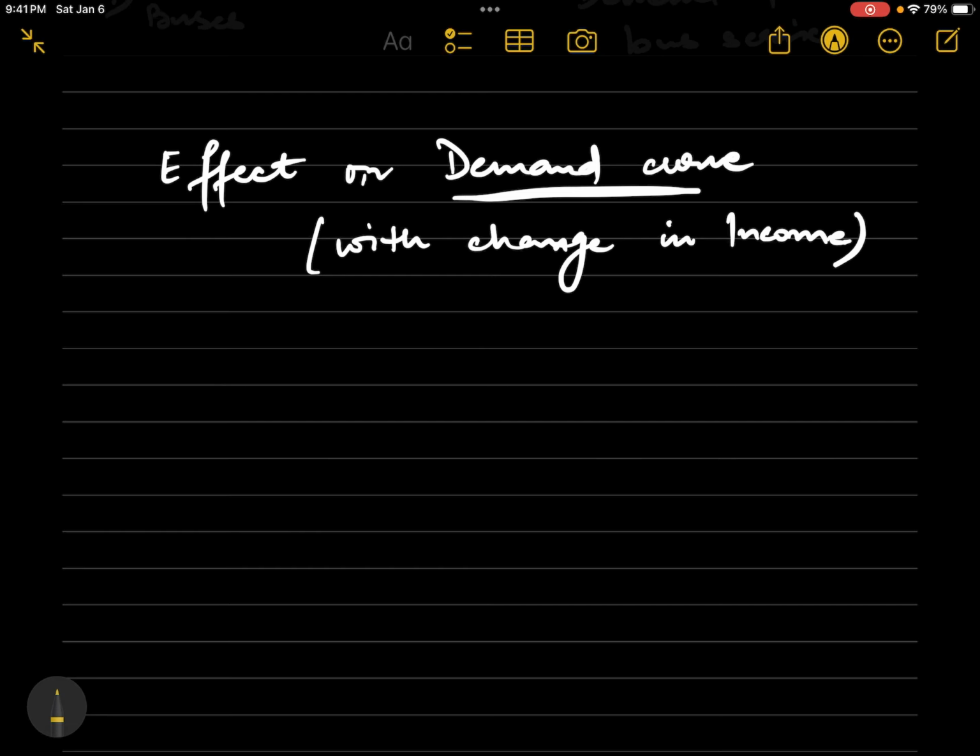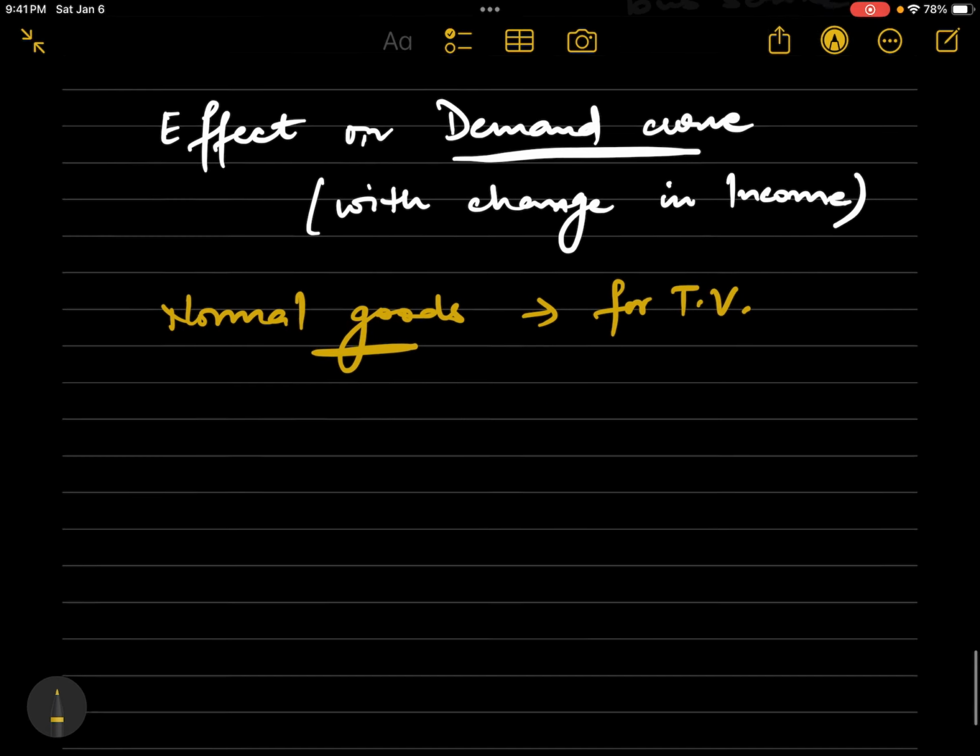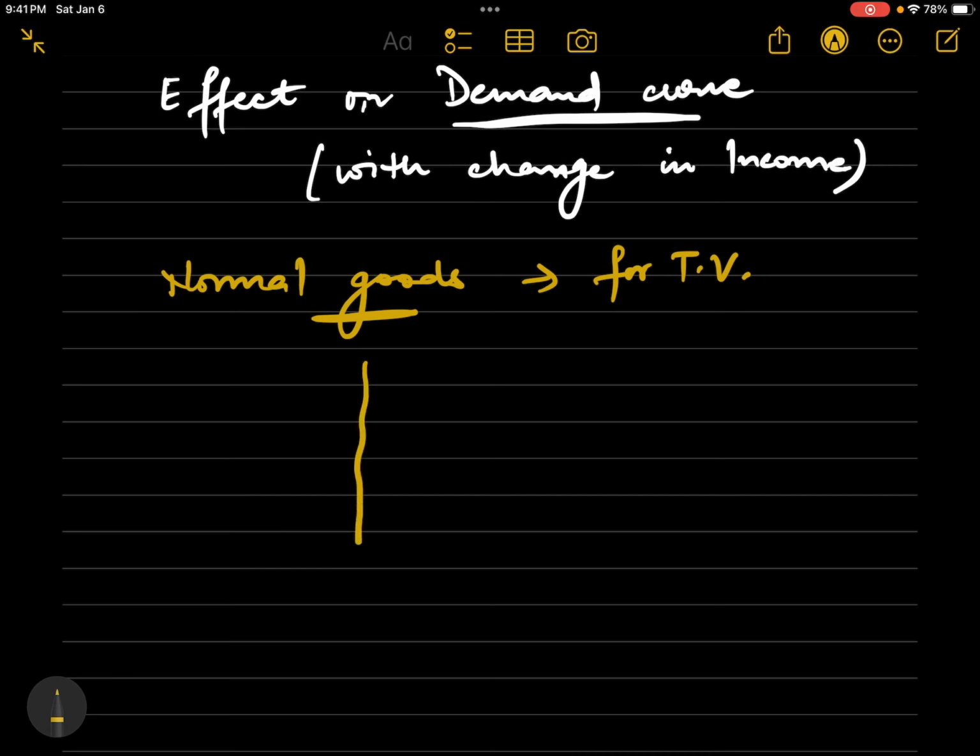Now let's also understand what would be the effect on the demand curve of the commodity in case of change in income of normal goods. So in case of normal goods, as we took the example above, for TV, the demand curve would be always between price and demand for TV.